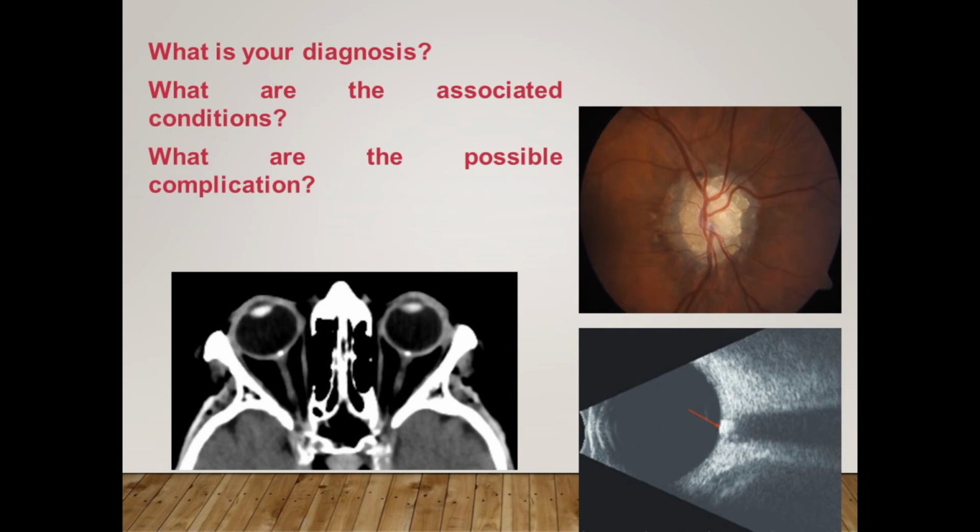This condition may be associated with retinitis pigmentosa, angioid streaks, Usher syndrome and other syndromes. What are the possible complications? The most common complication is juxtapapillary CNV, choroidal neovascularization, and also anterior ischemic optic neuropathy.